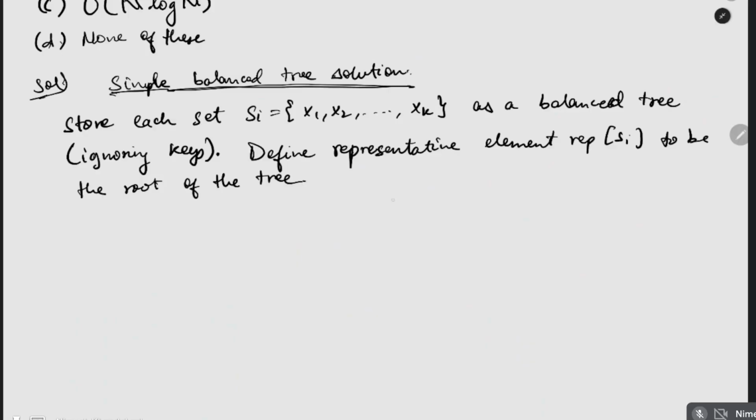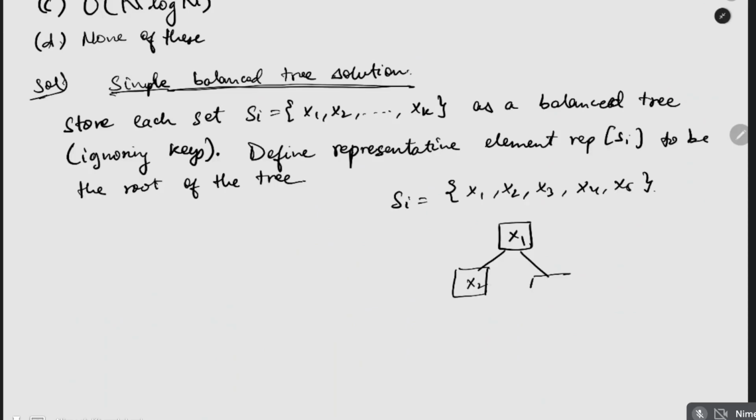So if Si is x1, x2, x3, x4, x5, it has 5 elements. Then it will be x1, and then x2, x3, and then x4, x5 become children of x2. So this is the balanced tree for this particular set, and this x1 becomes the representative.